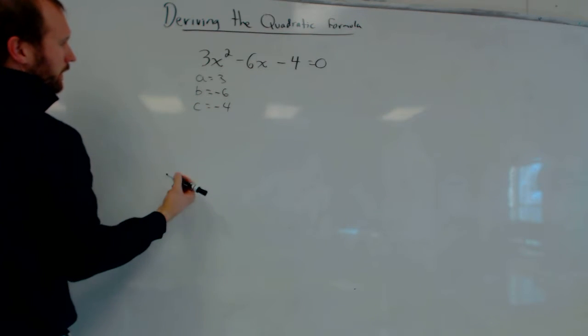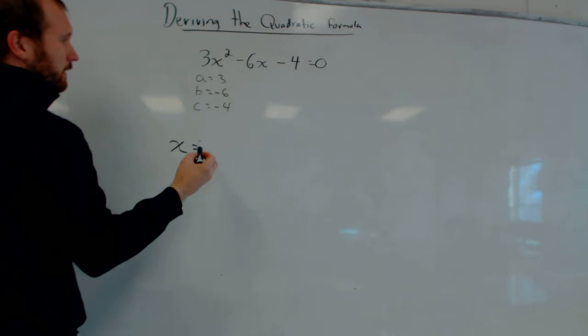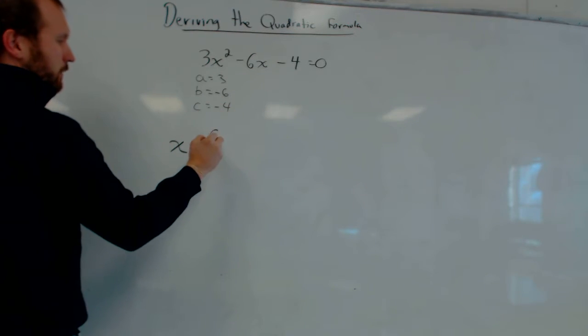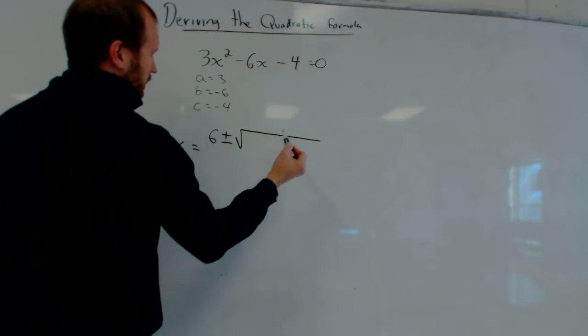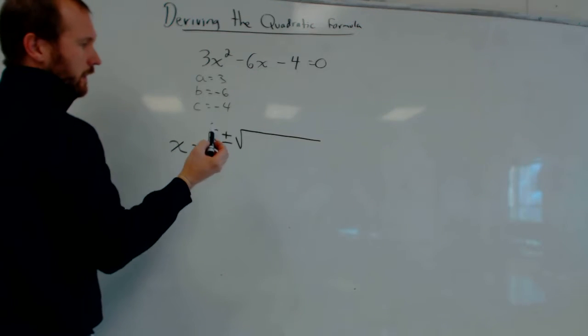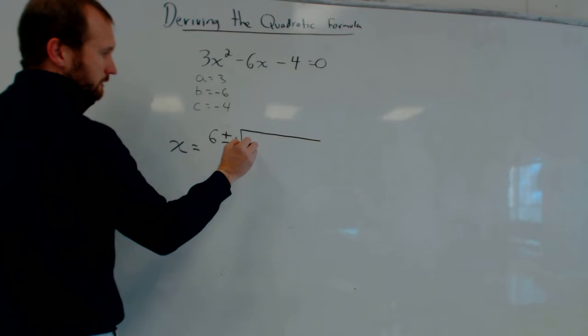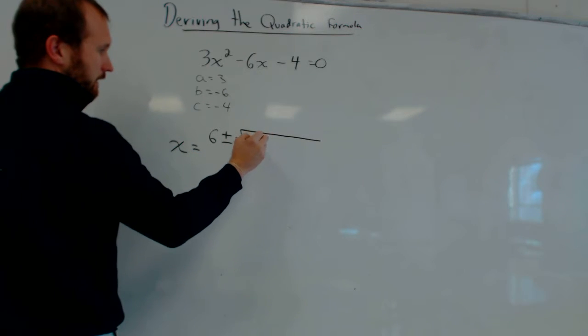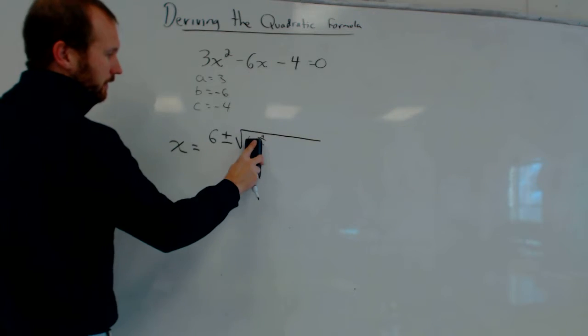And then when you put it in, x equals negative b, so it's just positive 6, plus or minus the square root of negative 6 squared, which is 36. Yeah, 36. Okay. Now I want to point something out here.